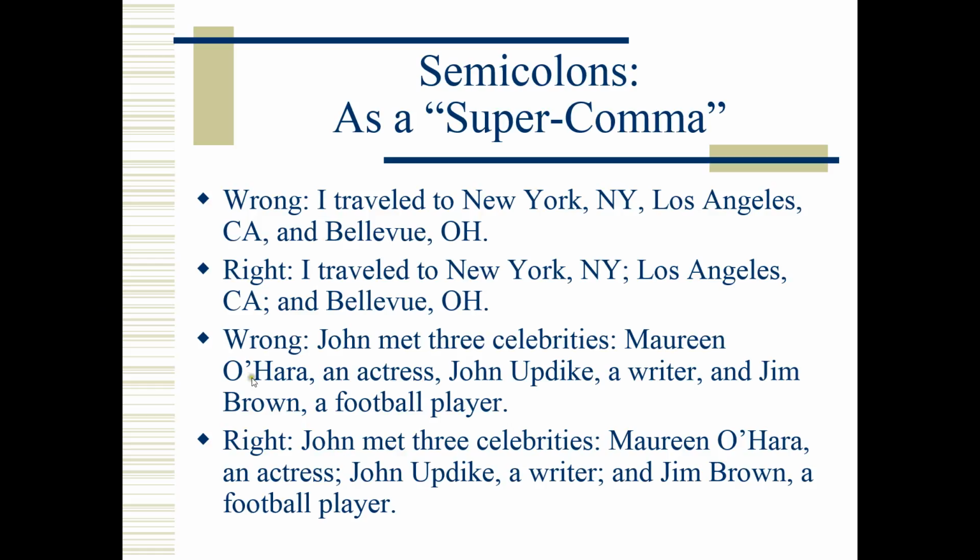Notice how we have the list of celebrities. Their names are followed by their careers. But in the first of the two pairs, notice how the overuse of commas could potentially cause some confusion as far as what the writer is trying to express in this example here.